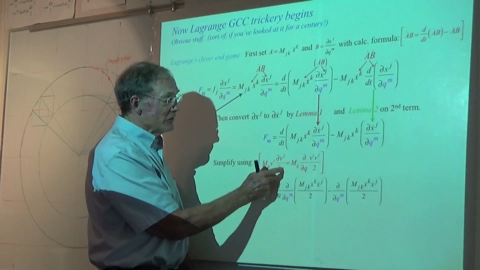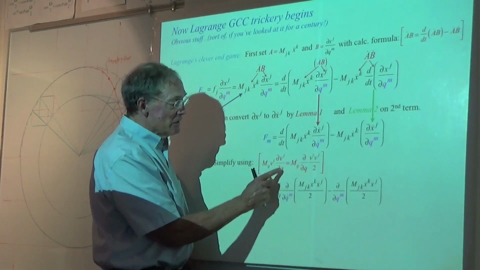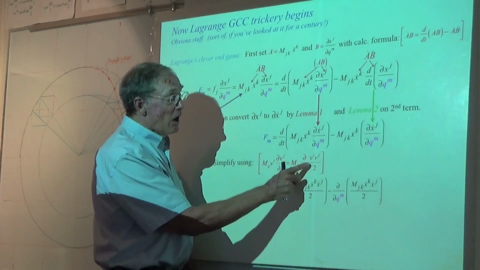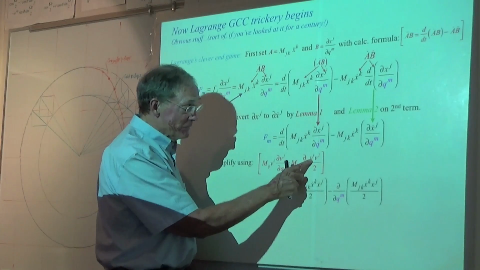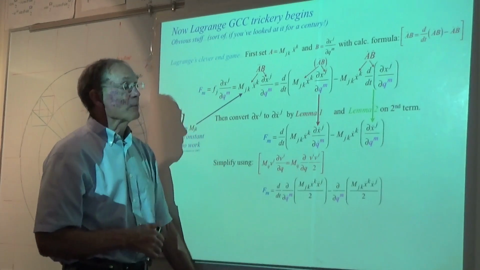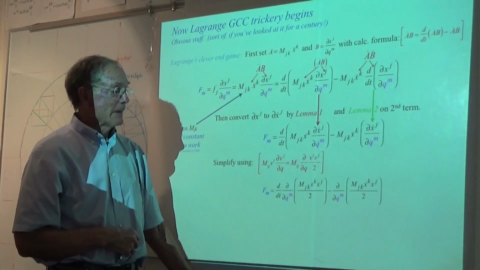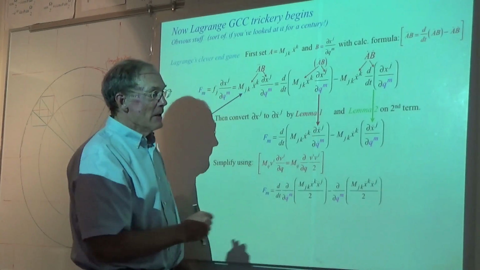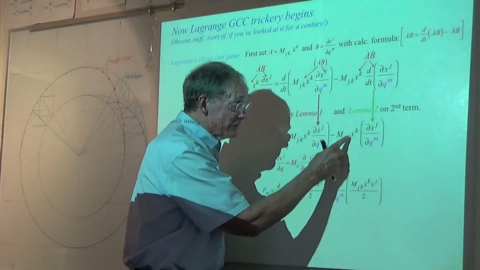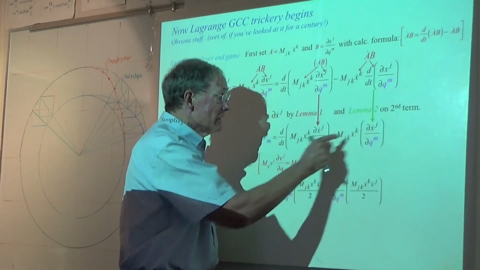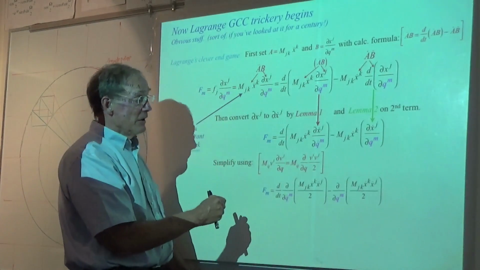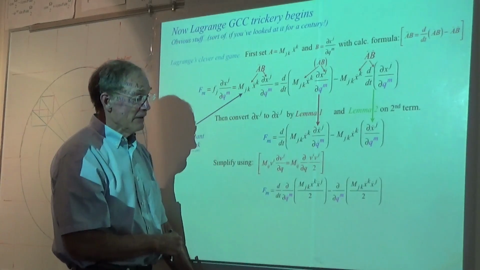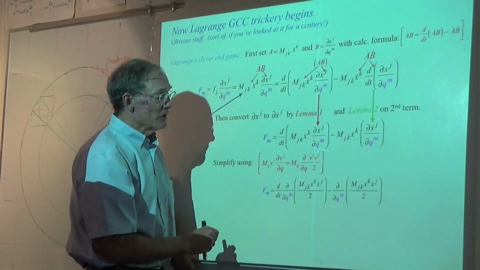So I'm going to turn this into a partial with respect to some queer coordinate of the quadratic form. This is a very simple quadratic form, just a sum of squares. I'm going to convert this one to that, then convert this one the same way. Here I've got an x dot, but with an mjk sitting outside.